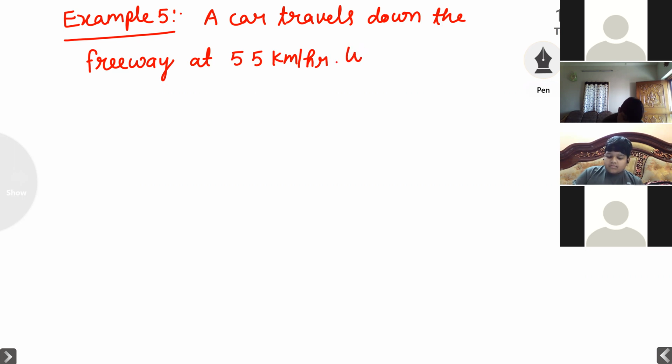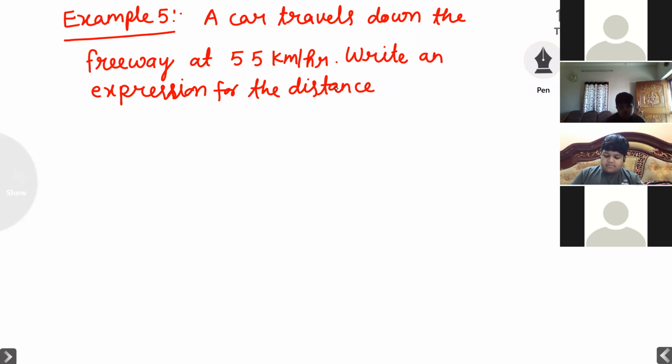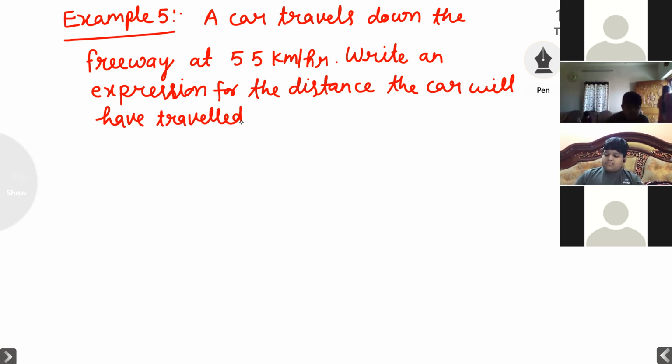Write an expression for the distance the car will have traveled after h hours.